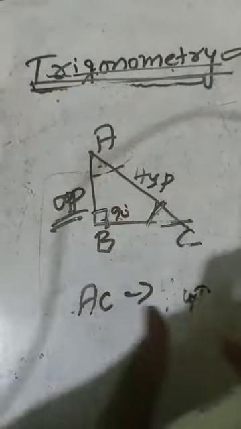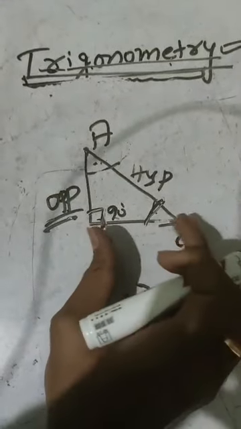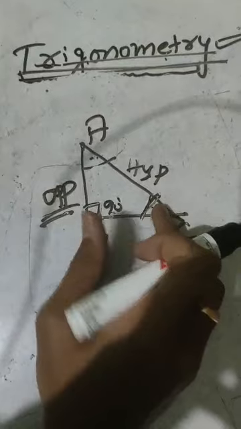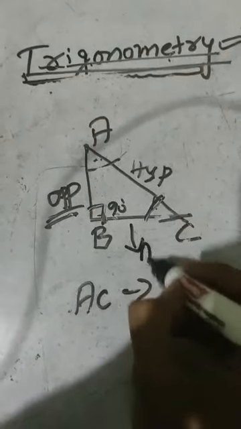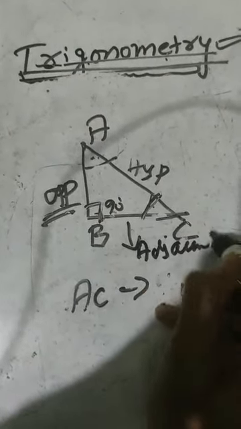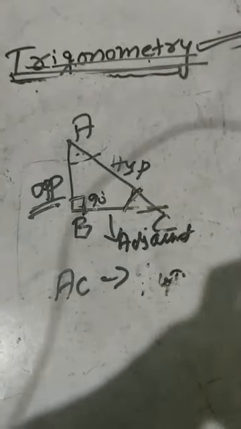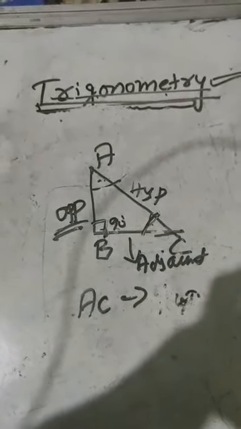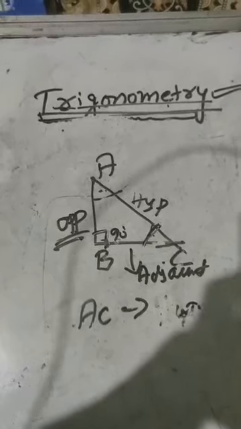Then one more side is remaining, that is BC. This side contains both the right angle and the marked angle. This side is named adjacent. This is a very important thing in the basic concepts of trigonometry.